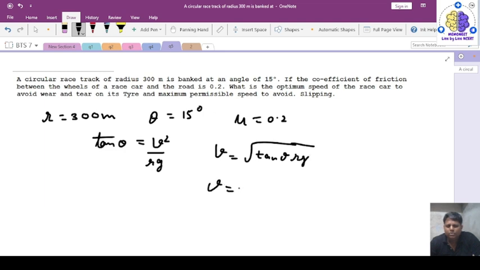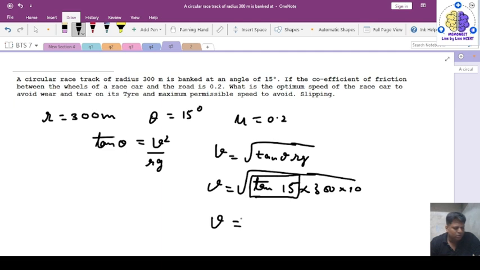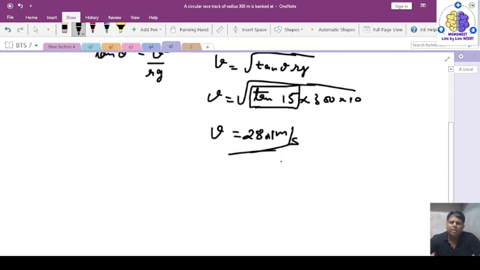So v is equal to under root of tan 15 into 300 into g, if we take it as 10. Putting the value of tan theta and solving, we will get v equal to 28.1 meters per second, right? So it's a simple calculation.